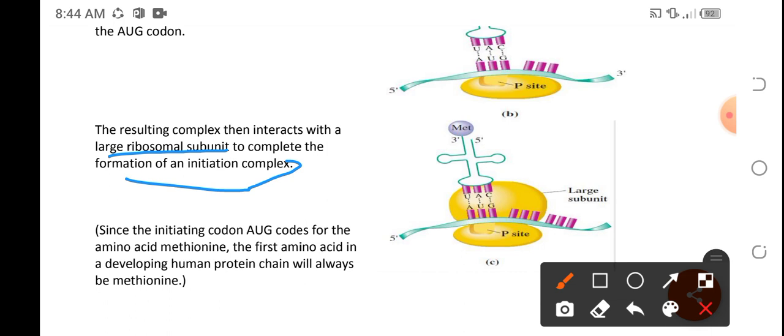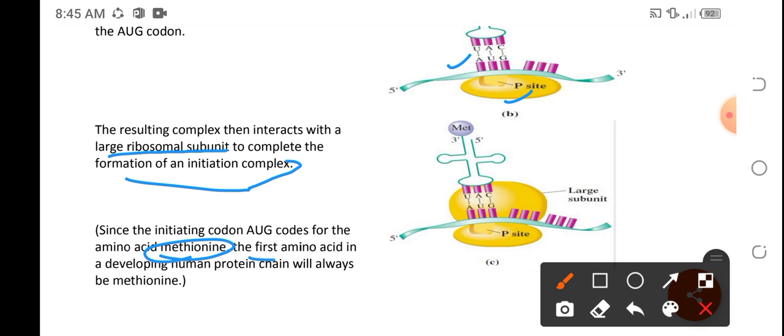Now, we said earlier that when AUG is detected at the P site of the small subunit, protein synthesis starts. And since AUG codes not only for initiation but also for methionine, the start of all our protein synthesis is the amino acid methionine.